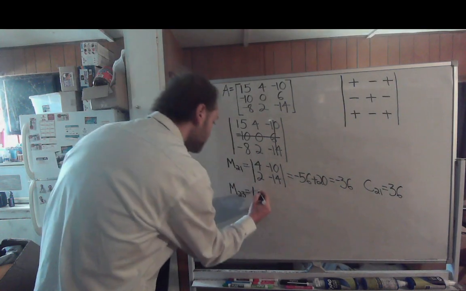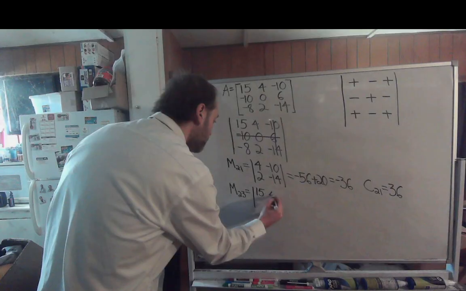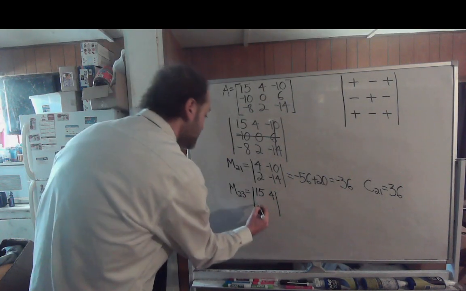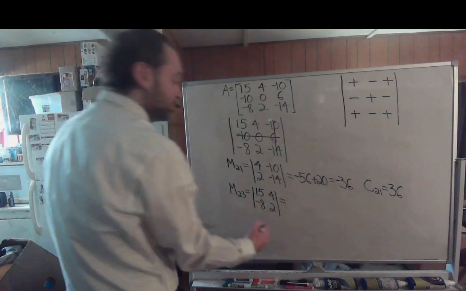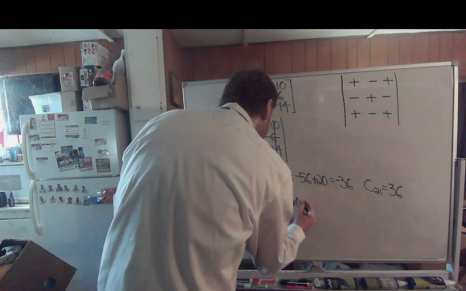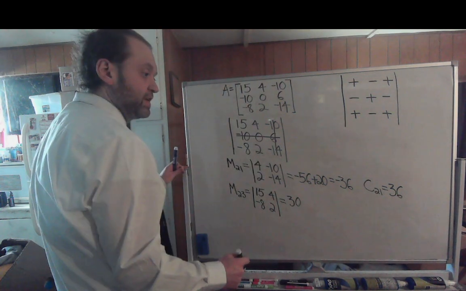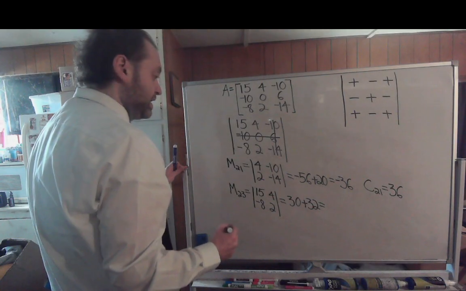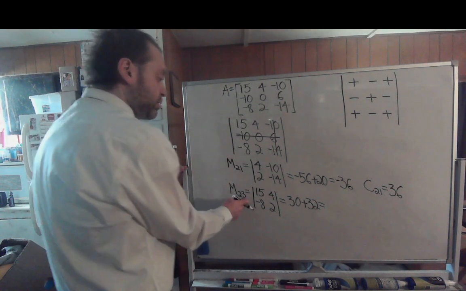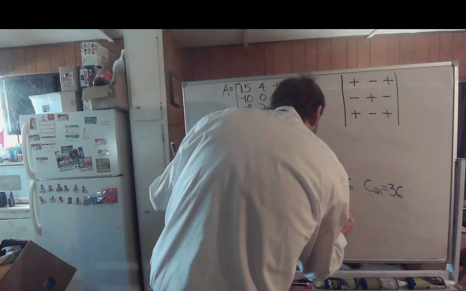So that would be 15, 4, negative 8, and 2. So 15 times 2 is going to be 30, minus 4 times negative 8, that'd be plus 4 times 8, which would be 32. So the minor would end up being 62.